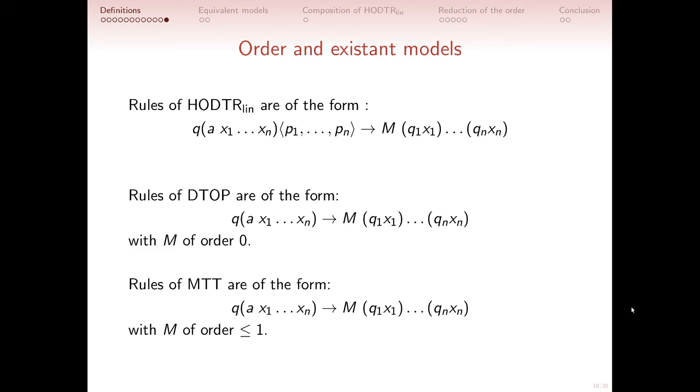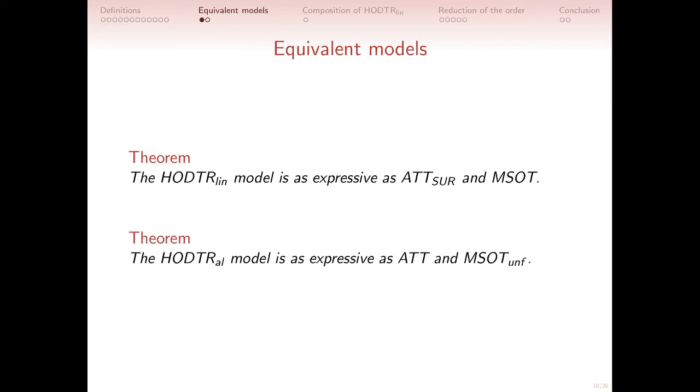We'll see now that the linear model is equivalent to the MSO transduction model and the single-use restricted attribute tree transducer model. The almost linear variant is equivalent to ATTs and MSO transductions with unfolding of trees.